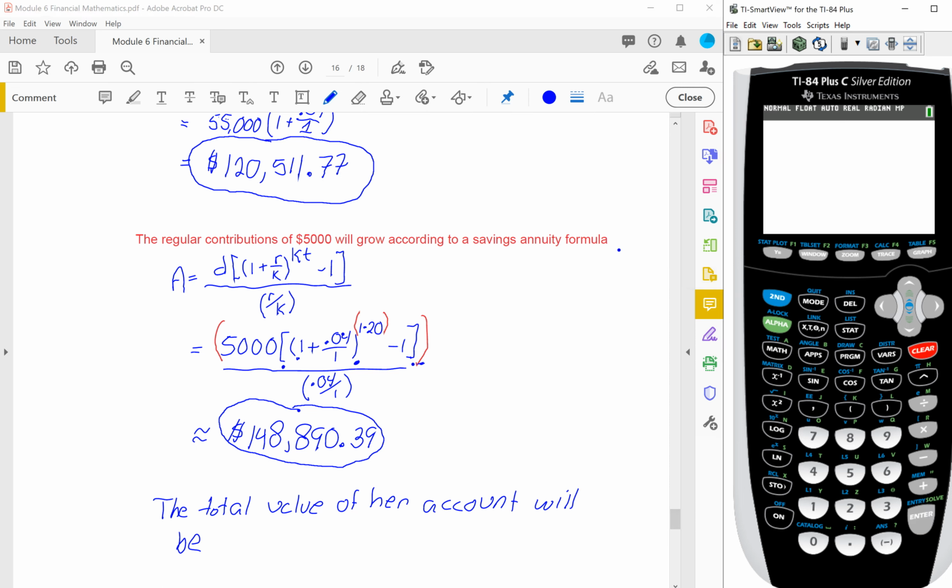It'll be the 120,511.77 plus the 148,890.39 for a total balance of $269,402.16.